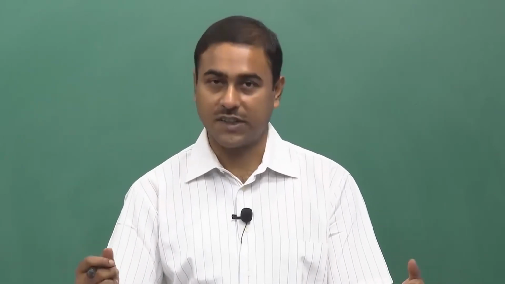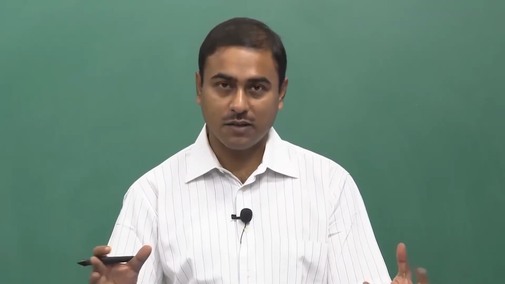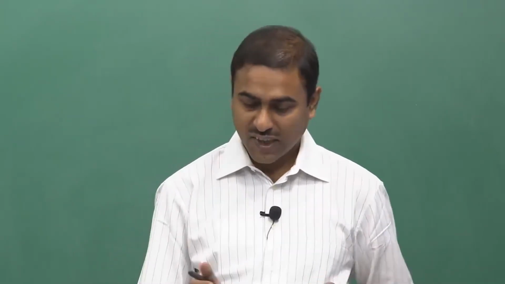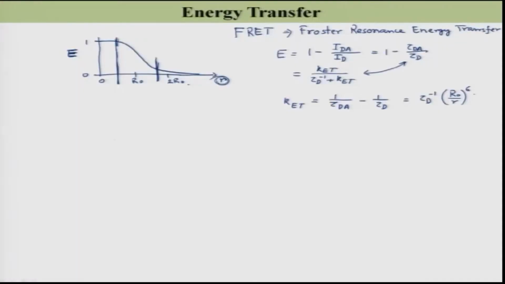So, somebody has to prove it experimentally, right, and that was done by taking a molecule like this. This molecule looks like this, with molecular fragments connected with each other, and you put D here and you put A here, right.